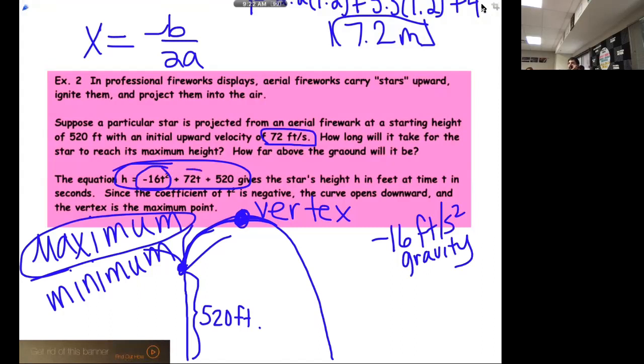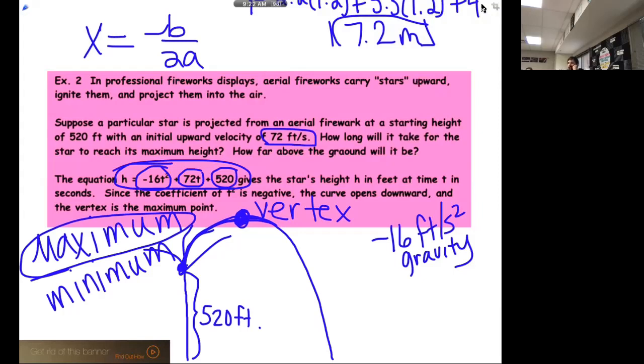Where did the 72 come from? The velocity. Where did the 520 come from? That's how high it was when all of a sudden it had this burst of energy with the 72 feet per second.